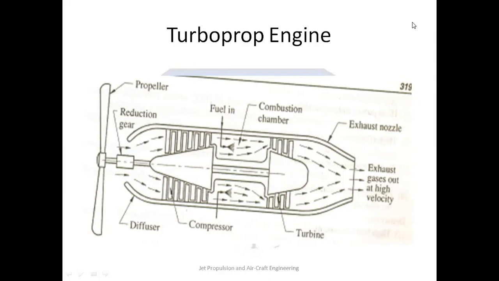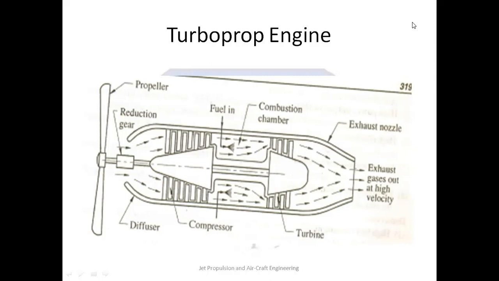So here you can see it has six different components. Five of them that we have seen already in turbojet engine. We have seen the diffuser, compressor, combustion chamber, turbine, and the exhaust nozzles in turbojet engine. But the additional component is attached here, which is known as the propeller.